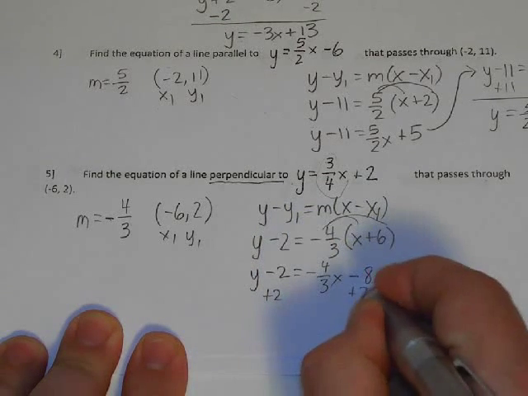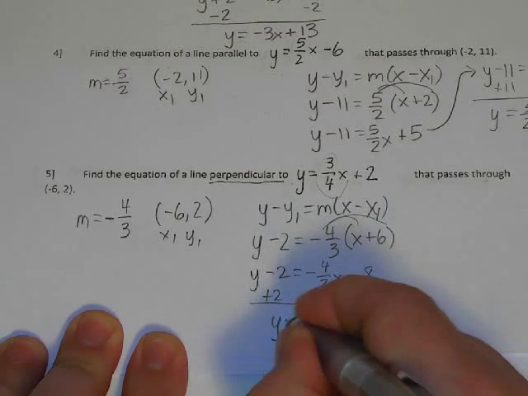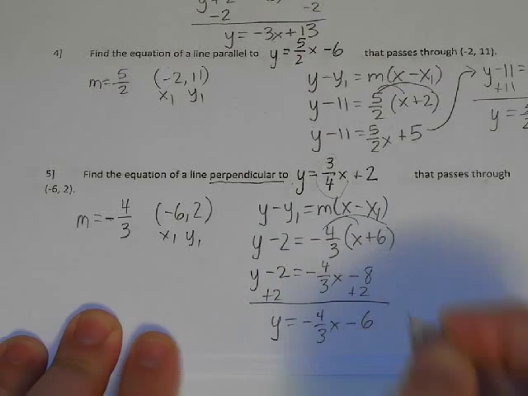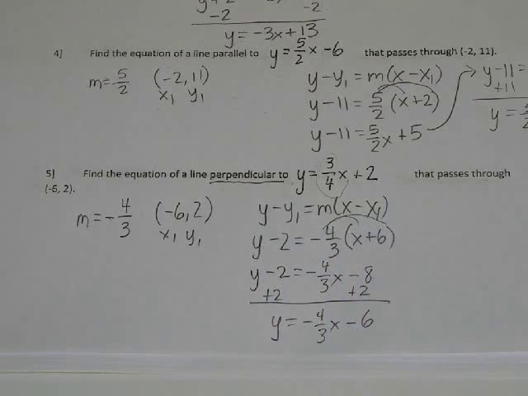We add 2 to both sides. Y equals -4/3 x minus 6. And that concludes Unit 4.